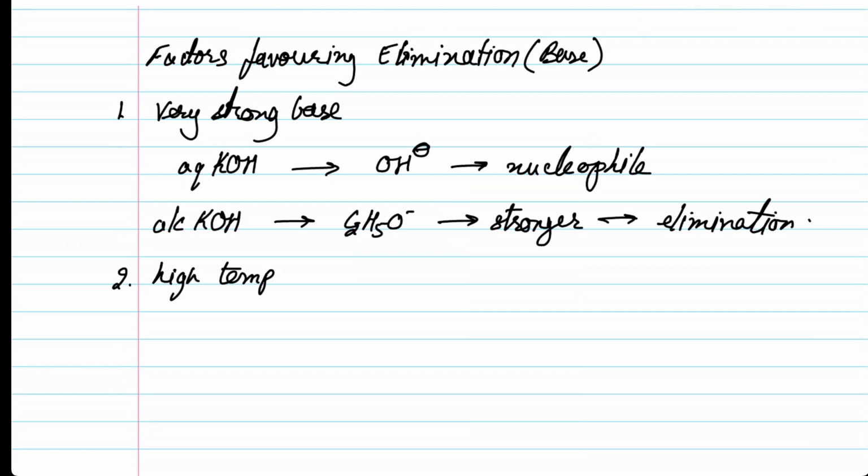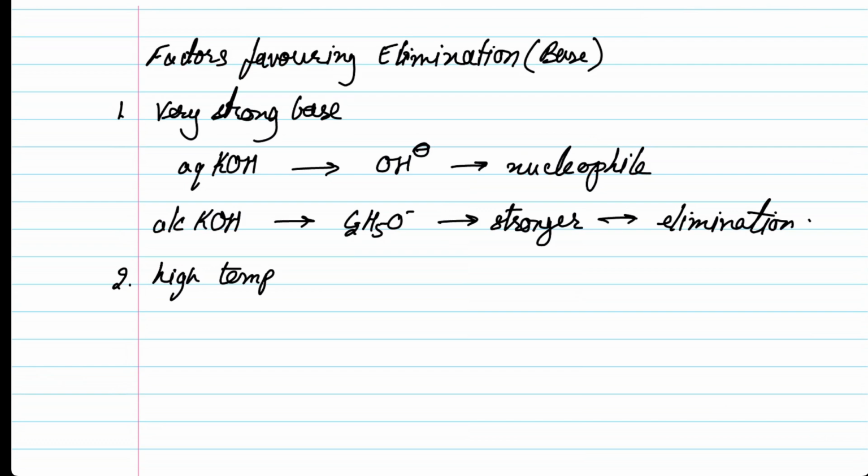So elimination is an entropy favored, disorder favored reaction. Further, elimination also generally produces products which have low melting and boiling points, so it produces more gases. Again, it becomes entropy favored or temperature favored. So as the temperature increases, the elimination reactions have a much higher possibility of taking place.